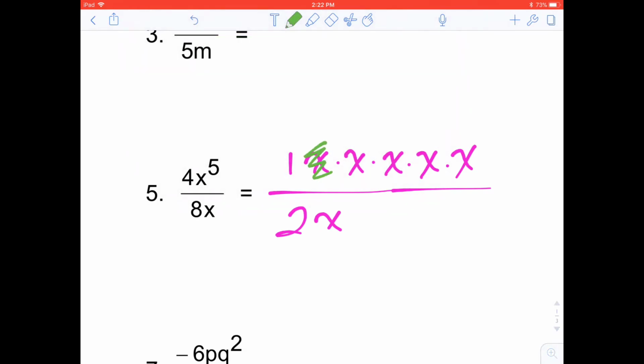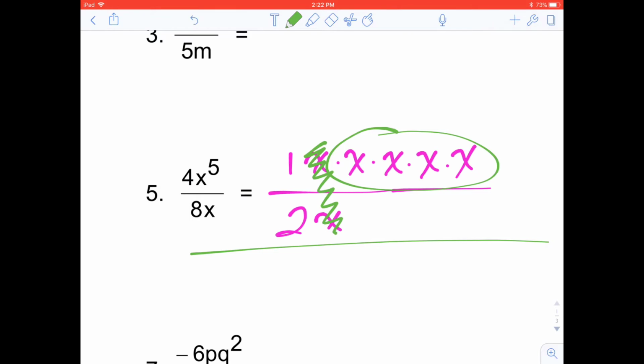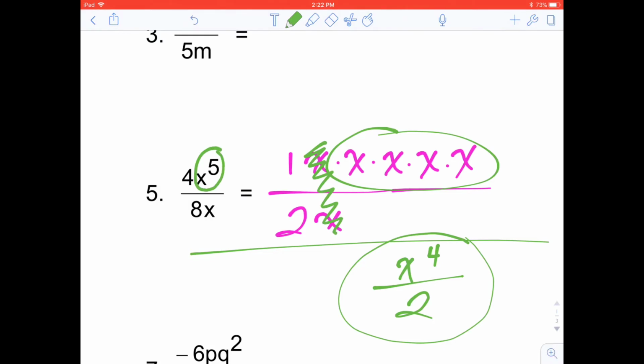See how I can cancel this one out? How many x's are we left with up top? We would be left with 4 of them. So that would be x to the 4th, because 1 times x to the 4th is x to the 4th, divided by 2. So another way of looking at this is if you have more x's on top than on bottom, then you'll be left with the x's on top.